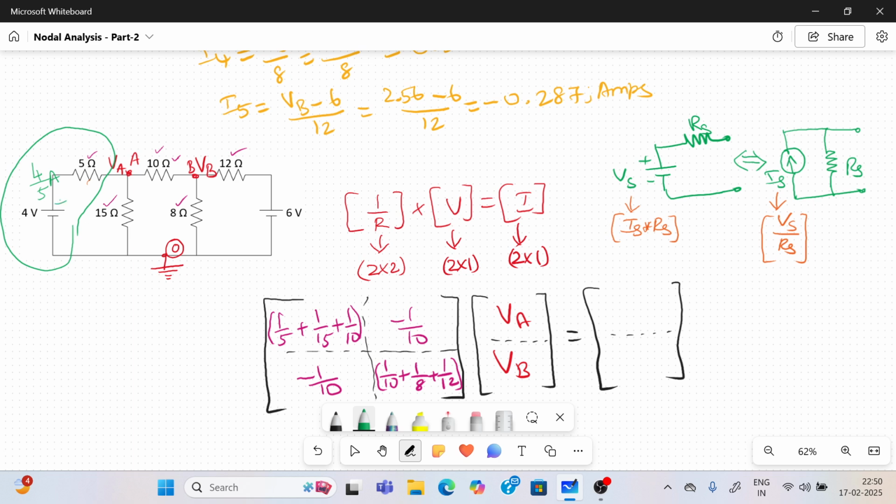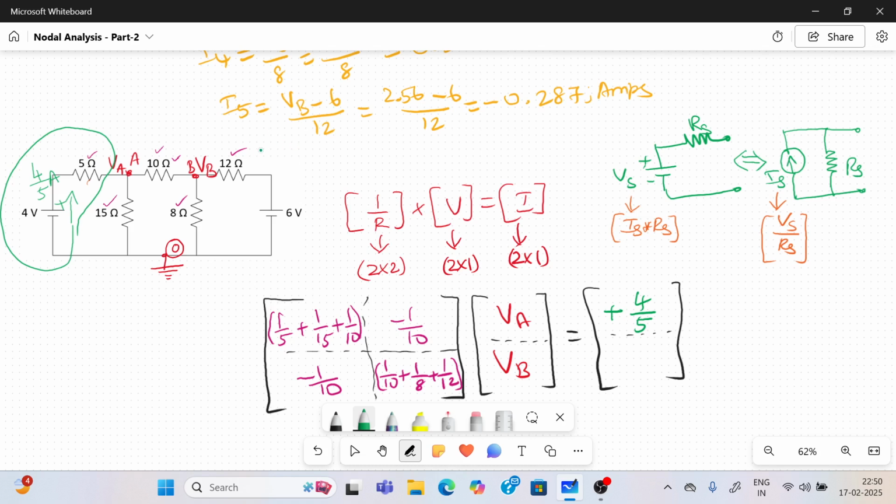The current direction is toward the positive, where your positive is located, right? Your positive is upward, so the current is flowing upward. If the current is upward, what happens? The current is entering, so plus 4 by 5.